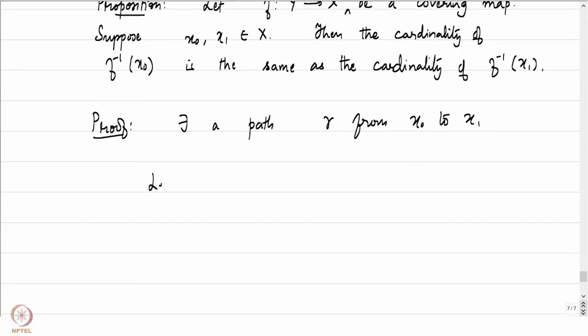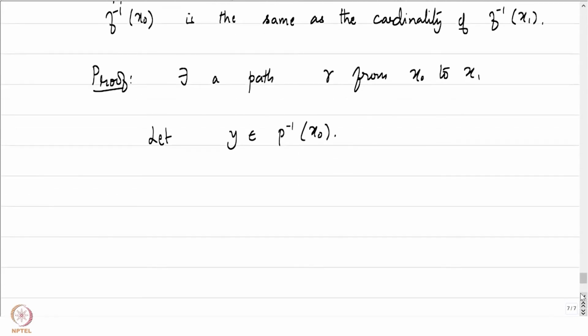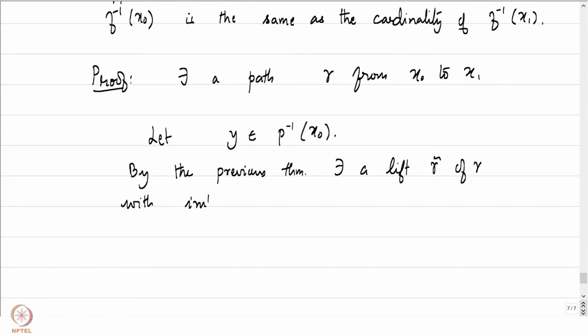Now let y0 be a point in f inverse of x0. You pick some point in the pullback of x0. Then there exists a unique path by the previous theorem, there exists a lift gamma tilde of gamma with starting point y0.